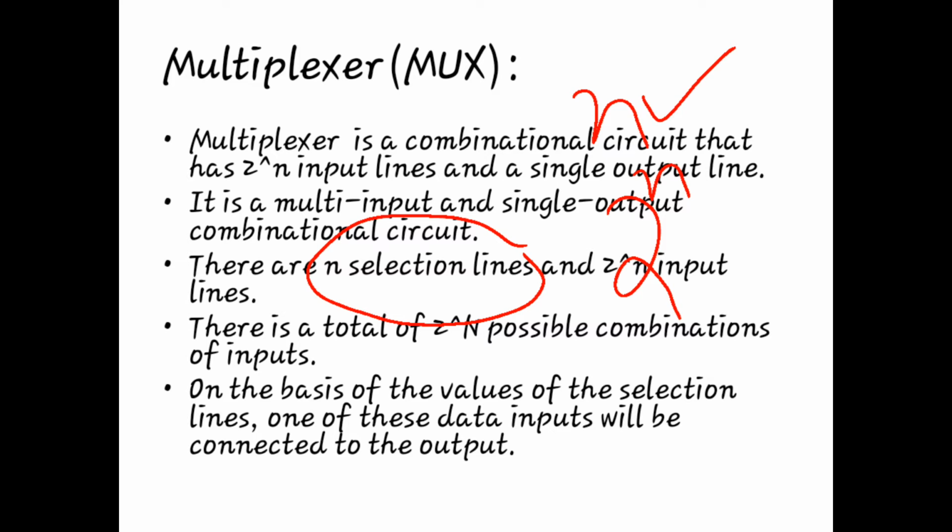So if in a system there are n selection lines, then we will have in the same system 2 raised to power n input lines.